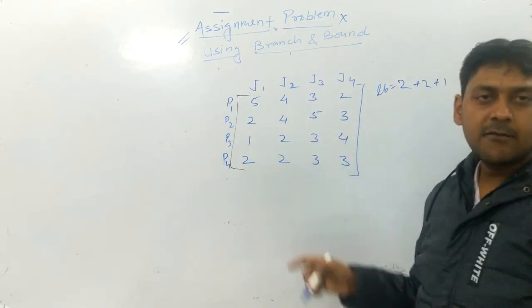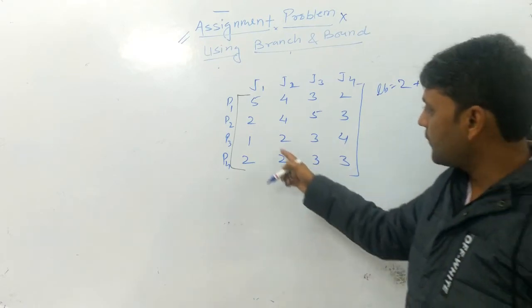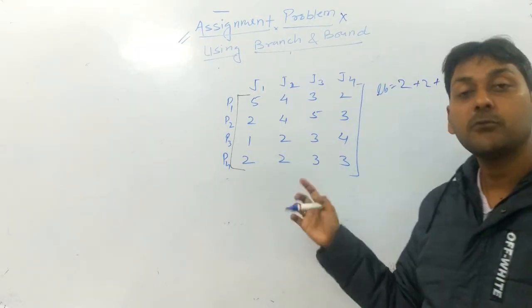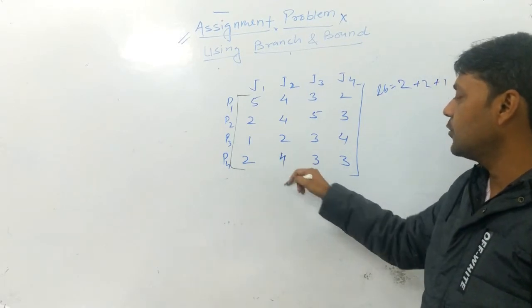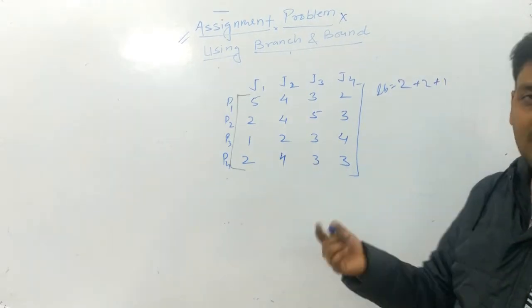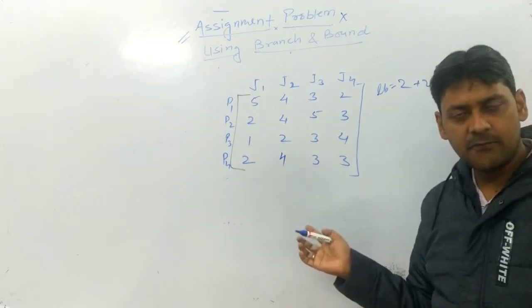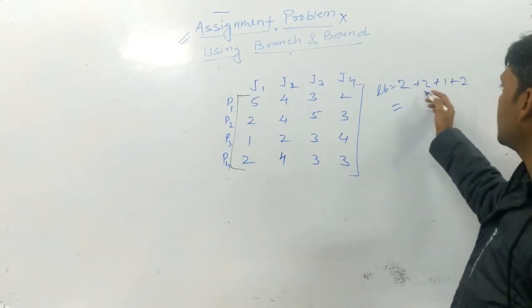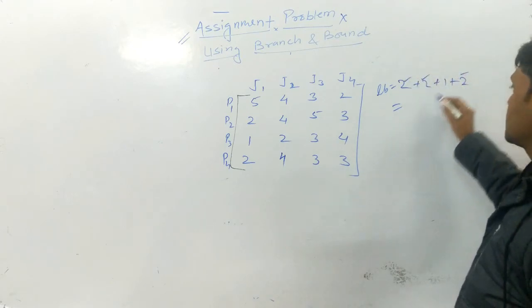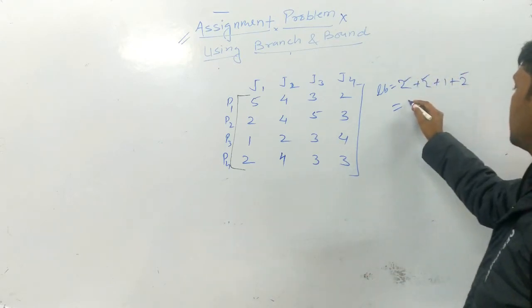So the lower bound value is 2 plus 2 plus 2, which is 6, plus 1, which is 7.